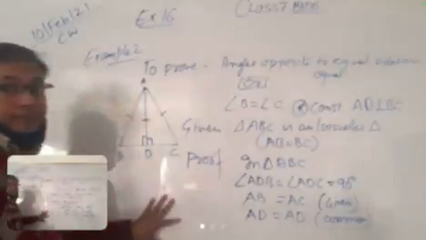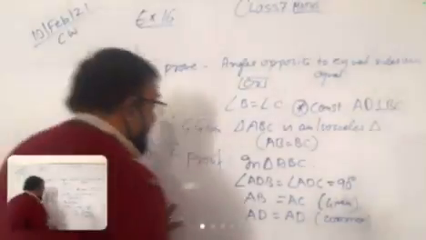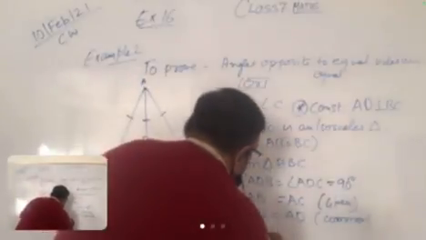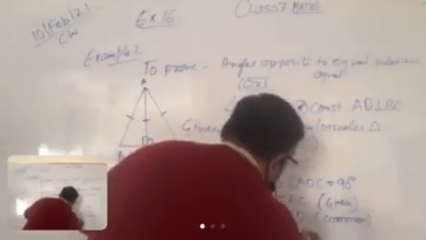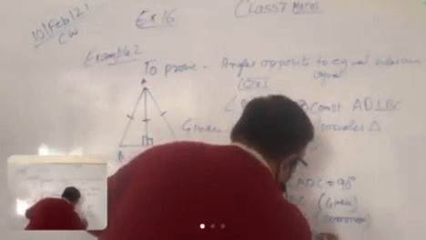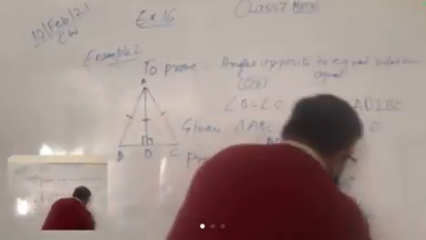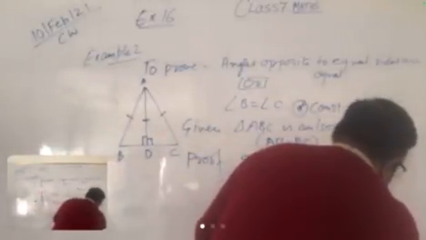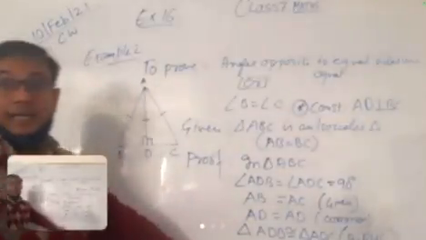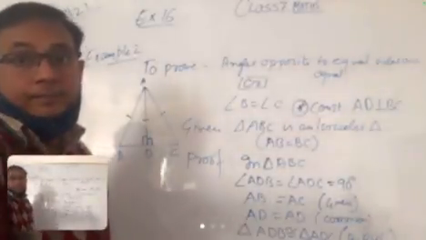Now triangle ADB is congruent to triangle ADC by RHS congruent rule.